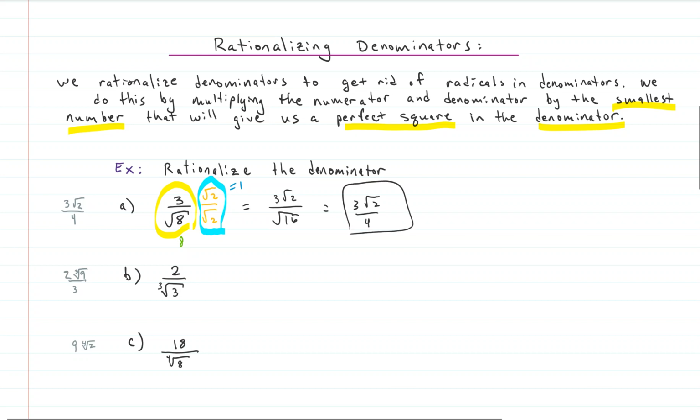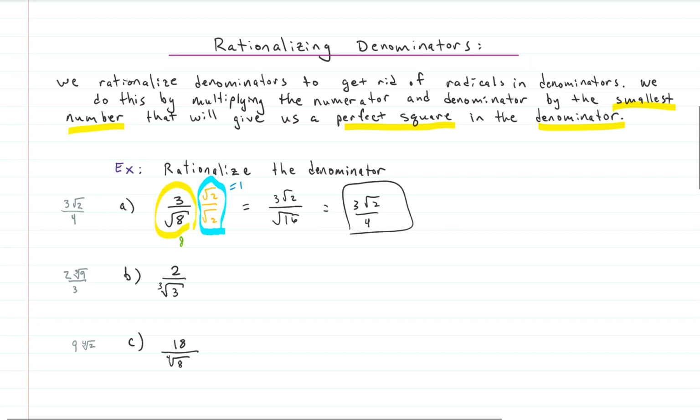Notice we no longer have a radical. If we plugged in 3 times root 2 over 4 into the calculator, we would get the same thing as if we plugged in 3 over root 8. So we're done. We've rewritten it in a different form, but it's equivalent. It has the same numeric value as our original expression. So that's rationalizing a denominator.